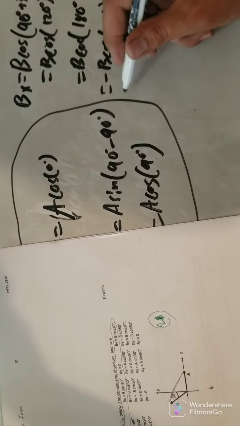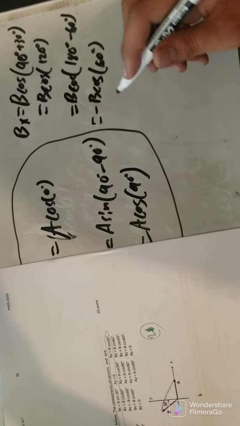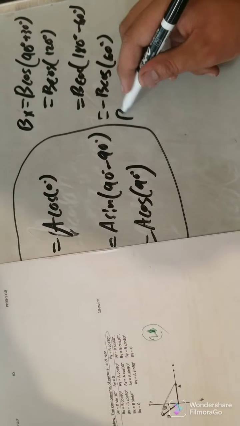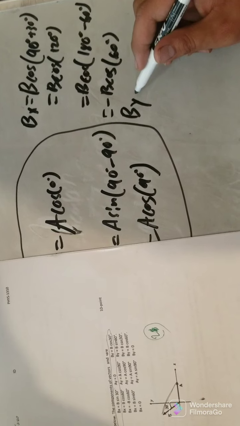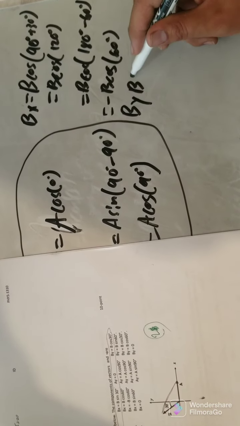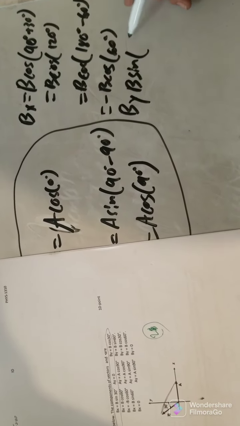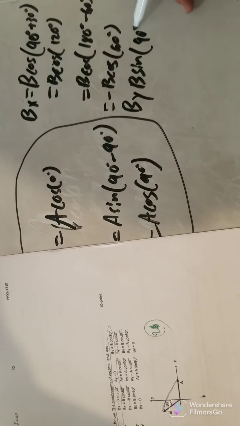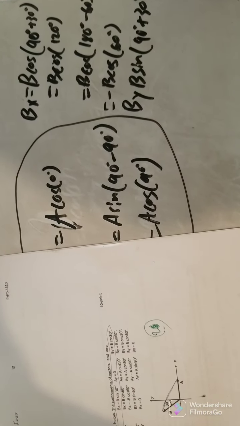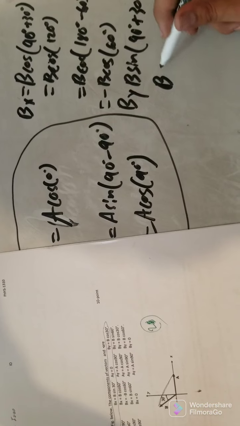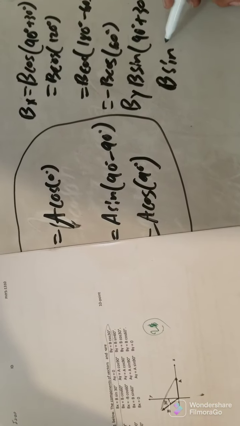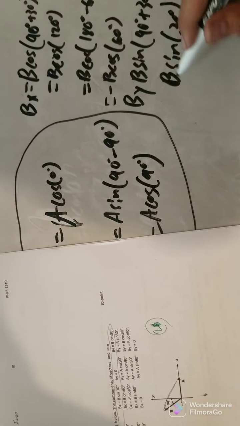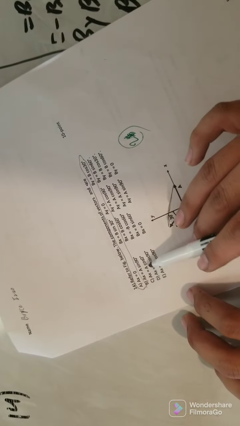That's for Bx. And then for By, it's B sine of 90 degrees plus 30 degrees, which is equal to B sine 30 degrees.